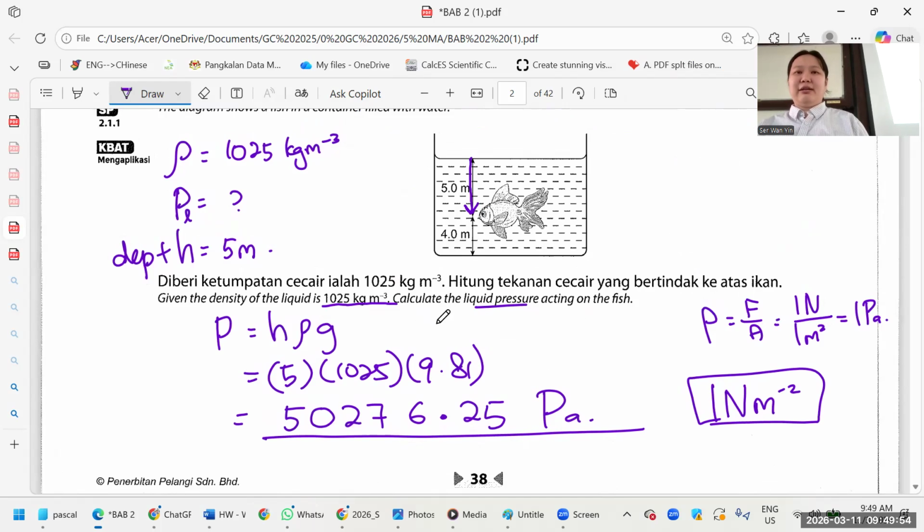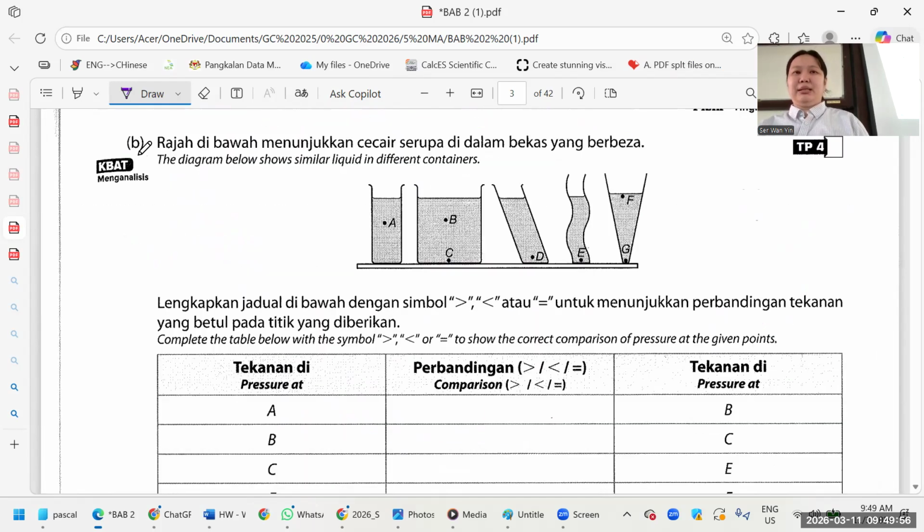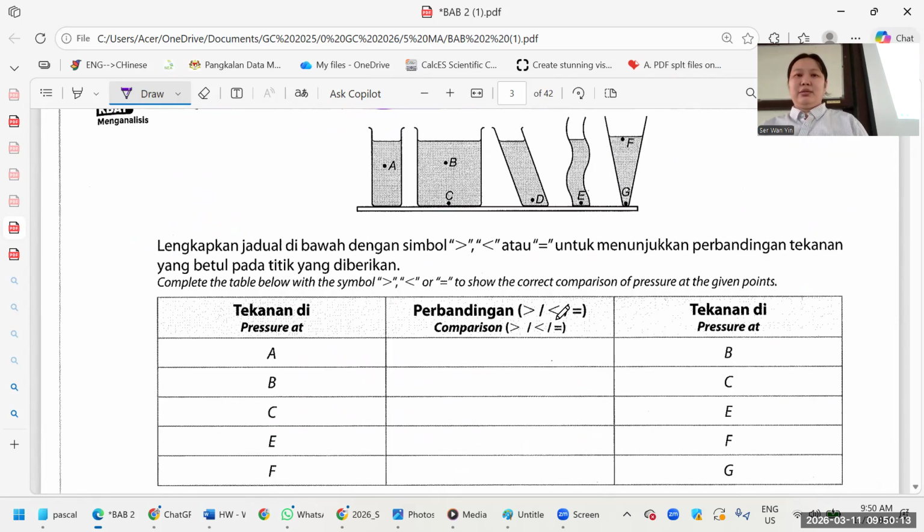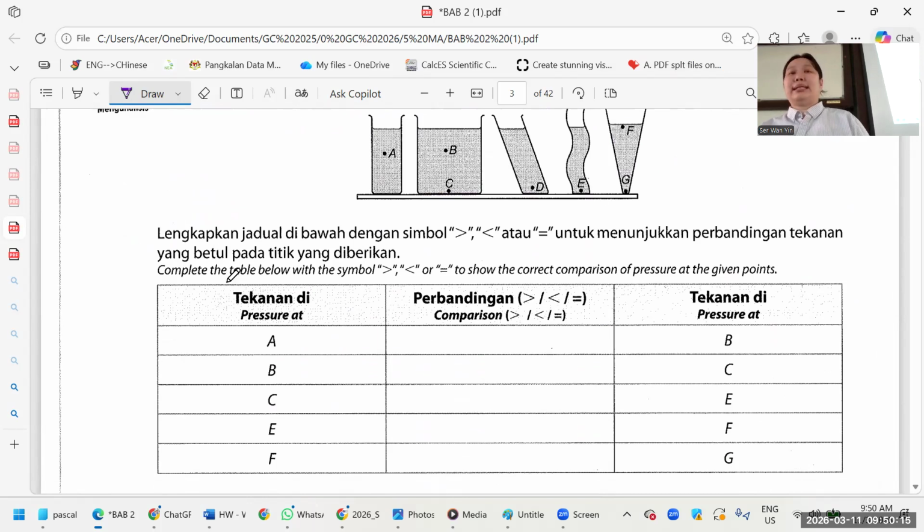Okay, so now we see B. The diagram below shows similar liquids in different containers. Complete the table below with the symbol more than, less than, or equal to show the correct comparison.